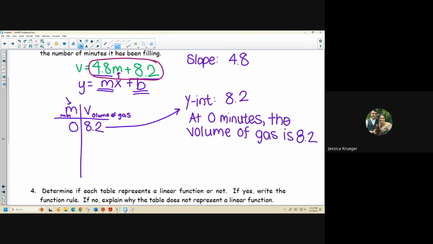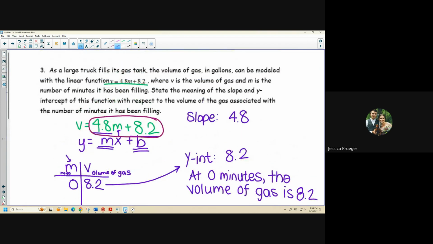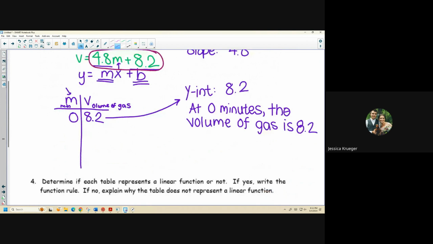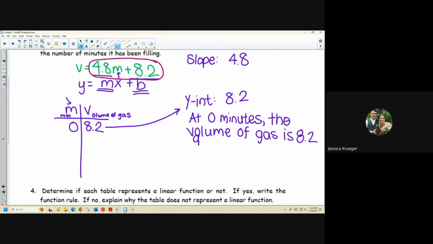And what are we measuring it in? V is the volume of gas in gallons. So before we even started to fill up the gas tank, we had 8.2 gallons of gas in there. That's what that y-intercept means.